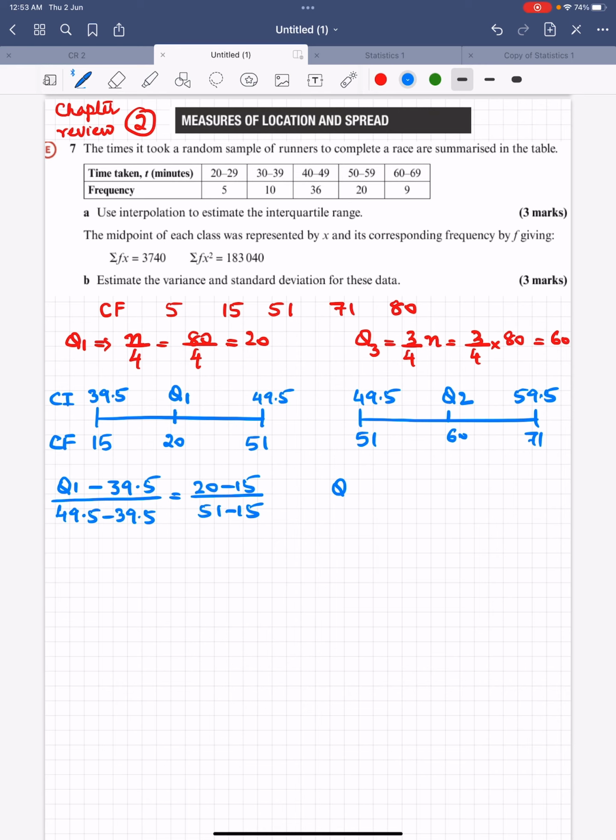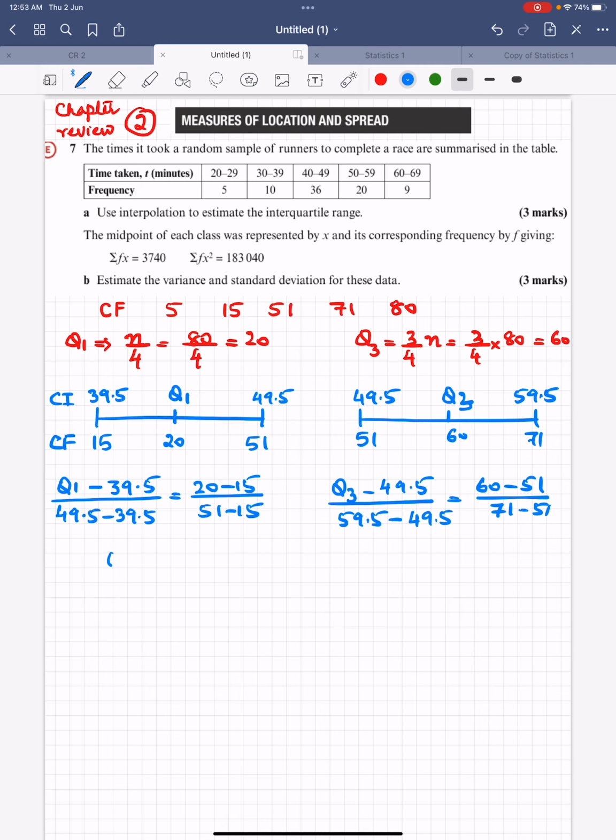Likewise Q3 minus 49.5 divided by 59.5 minus 49.5 is equal to 60 minus 51 divided by 71 minus 51.